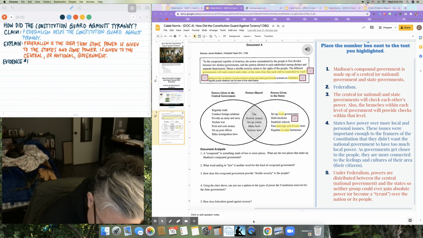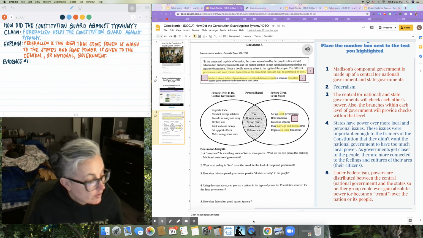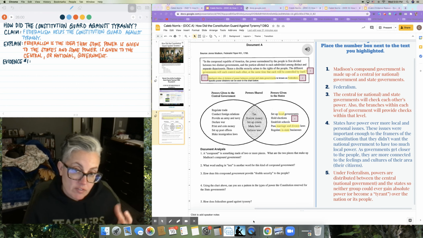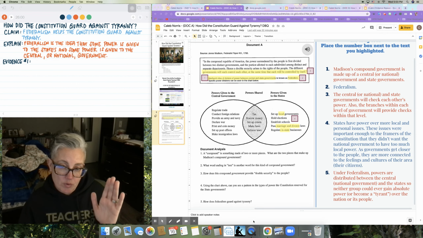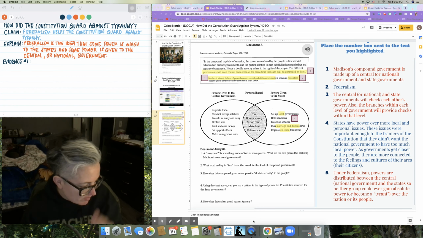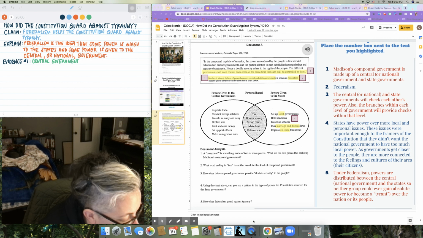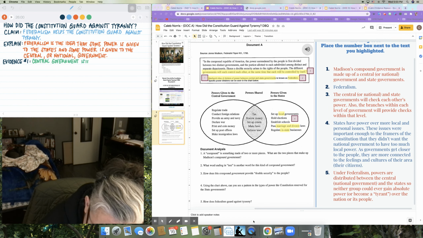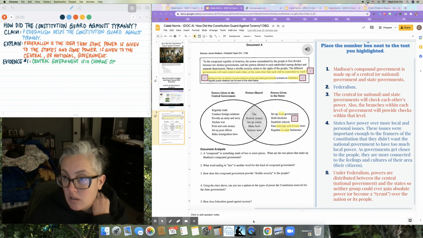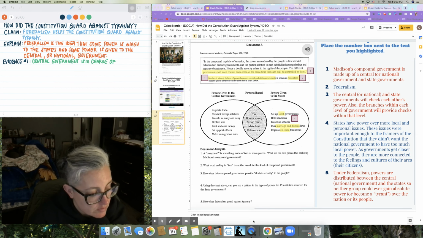Okay, and for evidence number 1, I'm going to move left, right, middle, and then above. So central government is in charge of, what were they in charge of?